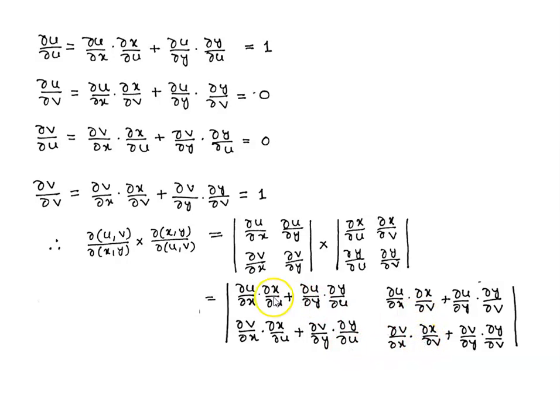And we have seen that del u by del x into del x by del u plus del u by del y into del y by del u is 1. So we can replace these 1, 0, 0, 1 in this determinant. So we have 1, 0, 0, 1, and now finding the determinant gives 1. So the product of these two Jacobians is always 1. This is the proof of the first property of Jacobian.